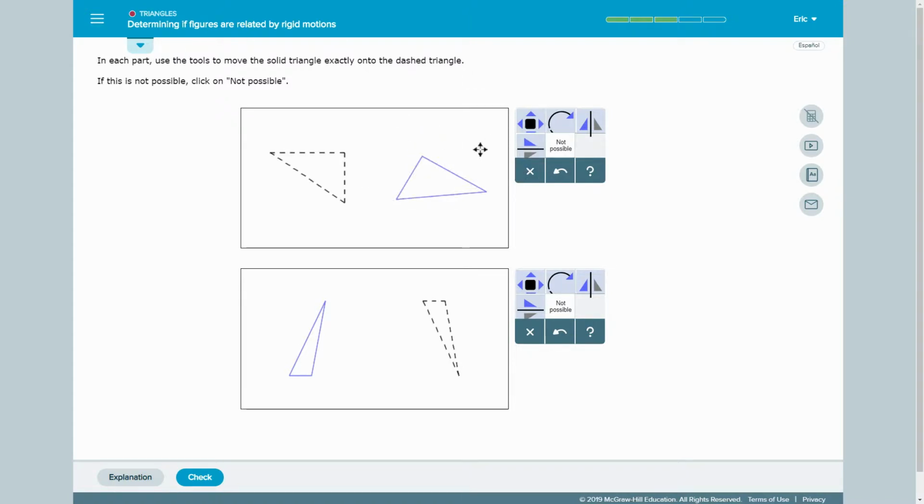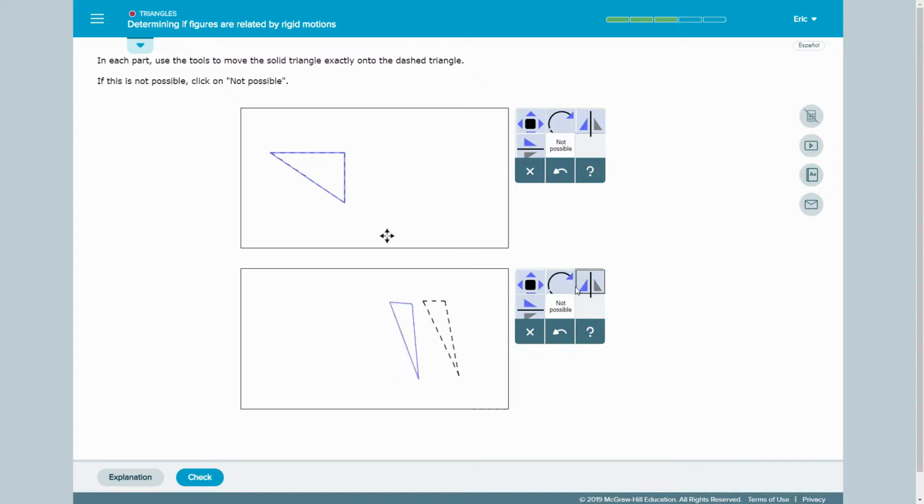So basically with this topic, there's no real cheat code. You just kind of try your best to get your shape onto the dashed shape. And if you tried everything you possibly can and your shape is either too big or too small, then it's not possible.